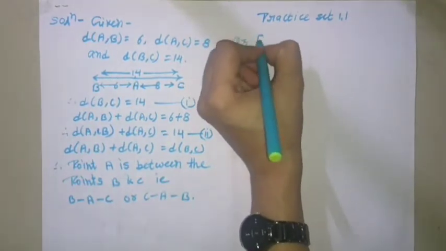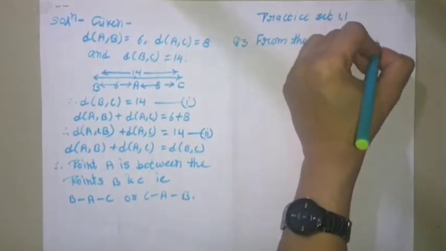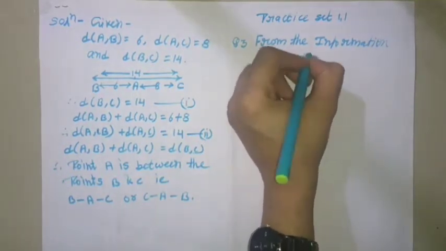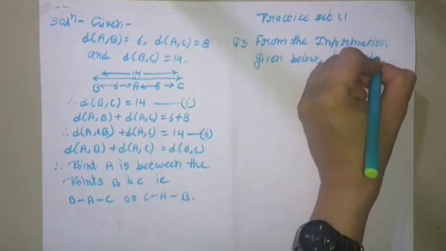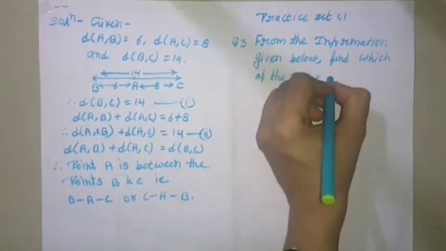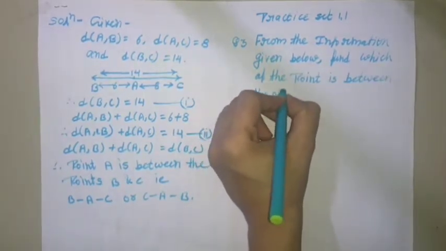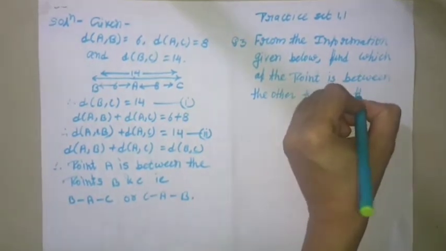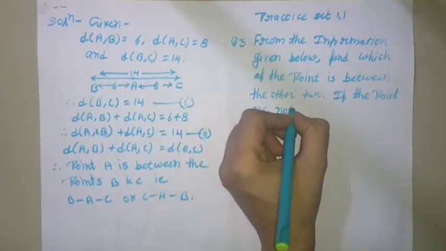From the information given below, find which of the points is between the other two, if the points are not collinear.